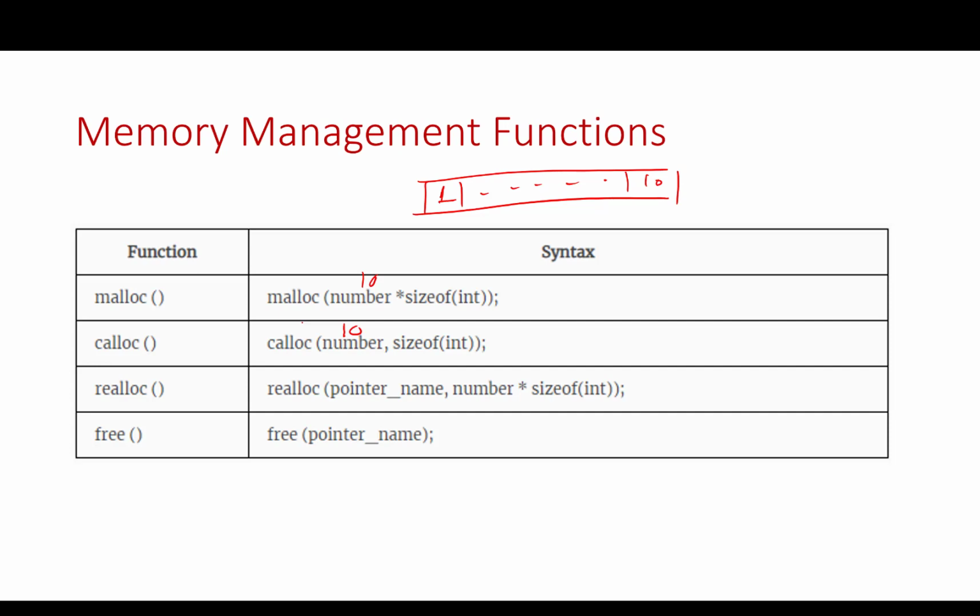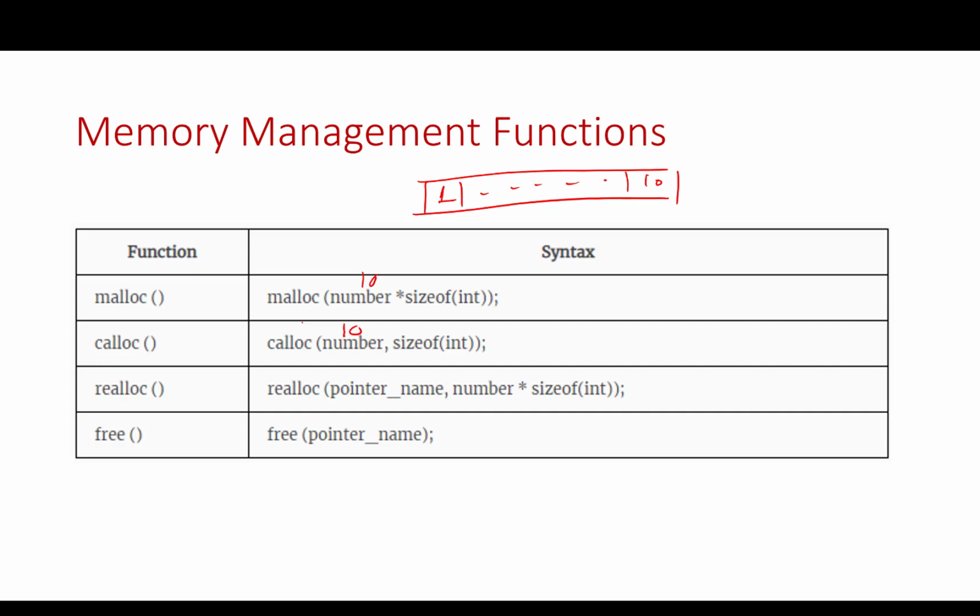I want to reallocate memory to this reserved part. Here, why didn't you give the pointer name? Because you are still at the beginning. You are creating, right? But here, I'm reallocating. So tell me what you want to reallocate, right? So this is why I'm asking here for the pointer name and then number multiplied by size.